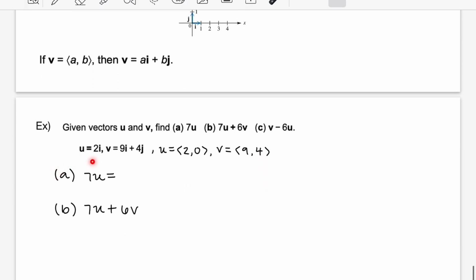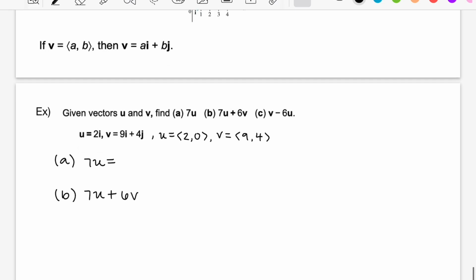So let's do part A here. We have 7 times u. And so in this case, if we wanted to write our answers just in terms of i's and j's, this would just be 7 times 2i. This will be 14i, and this will be our final answer.